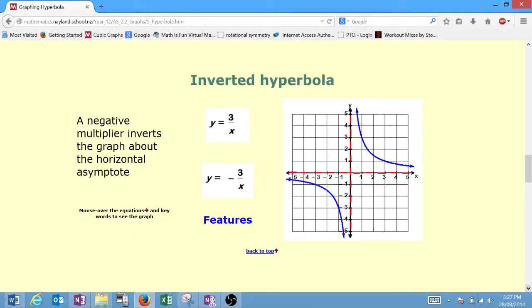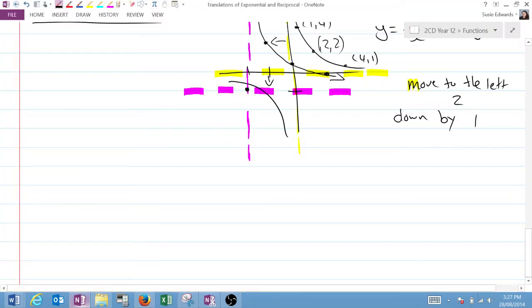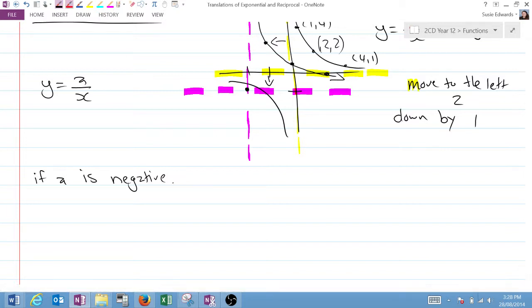So what happens when it ends up being a negative number? We looked at this the other day. When I change it to negative 3x, all of the values change to the opposite quadrants. So we just write that down. We've already done this, so I'm not going to spend too much time on it. Remembering that our function is y equals a to the power of x, if a is negative, the quadrants change.